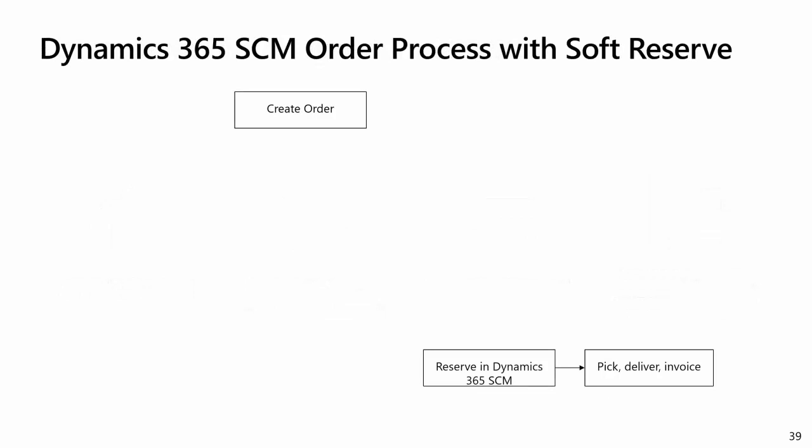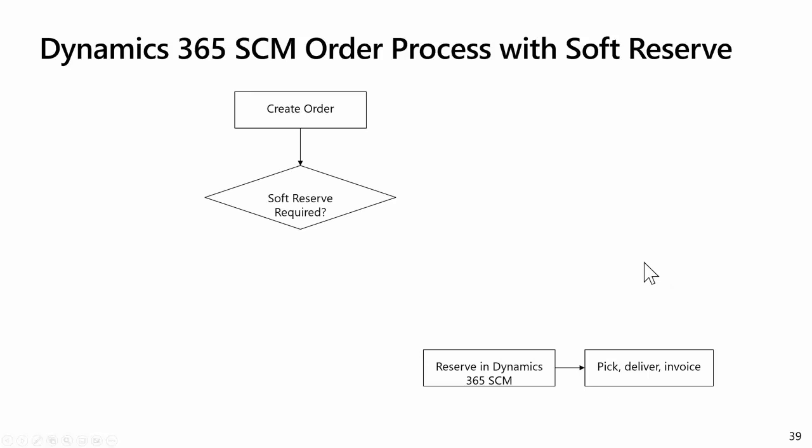So what exactly happens when we introduce the soft reservation feature inside the sales order line? Without soft reservation capability, we can create a sales order and make reservations and subsequent operations inside Dynamics 365 Supply Chain Management.